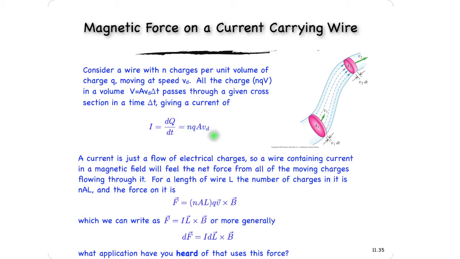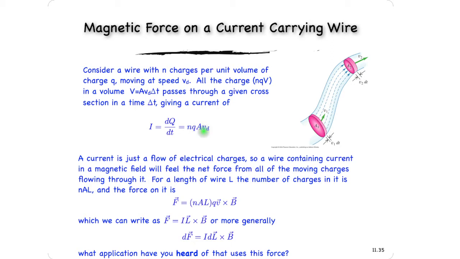And let's just check if this makes sense. n is the number per unit volume. And A times vd, that's an area times a velocity. So that's a meter squared times a meter per second, so that's a volume per second. So n is number per unit volume times volume per second.